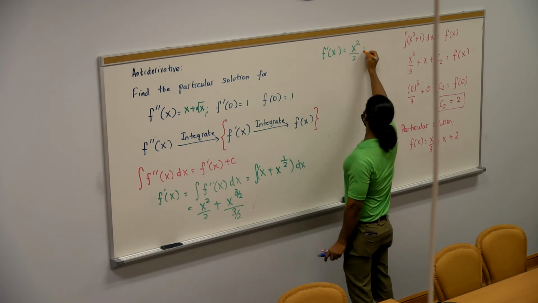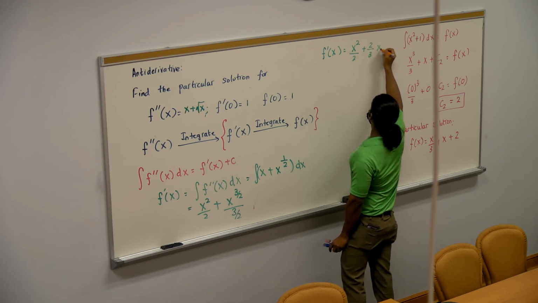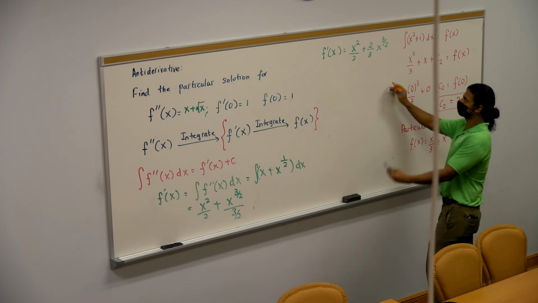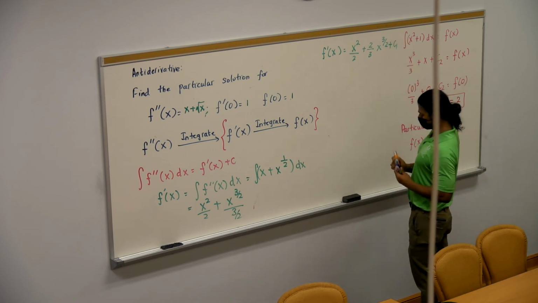Flip and multiply, you have 2 over 3, x raised to 3 over 2. I'm going to throw in the constant at the very last step, so let me call it C1.